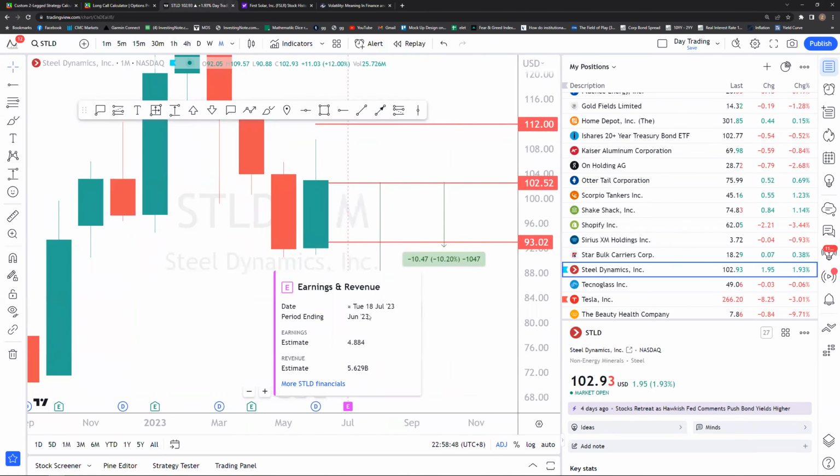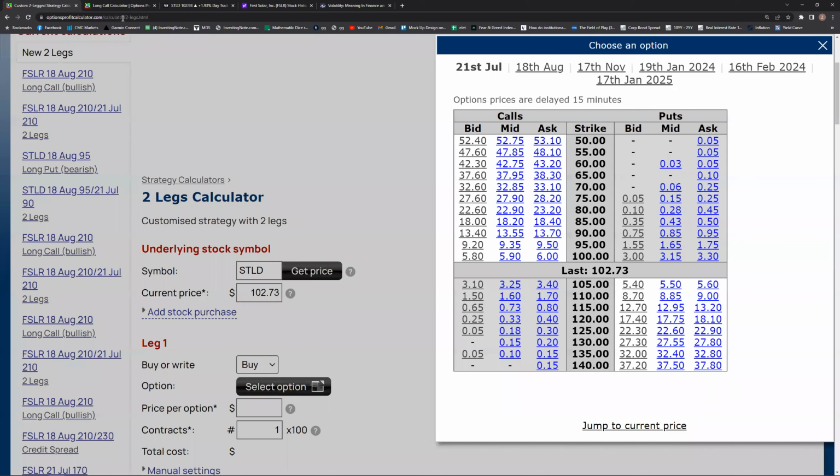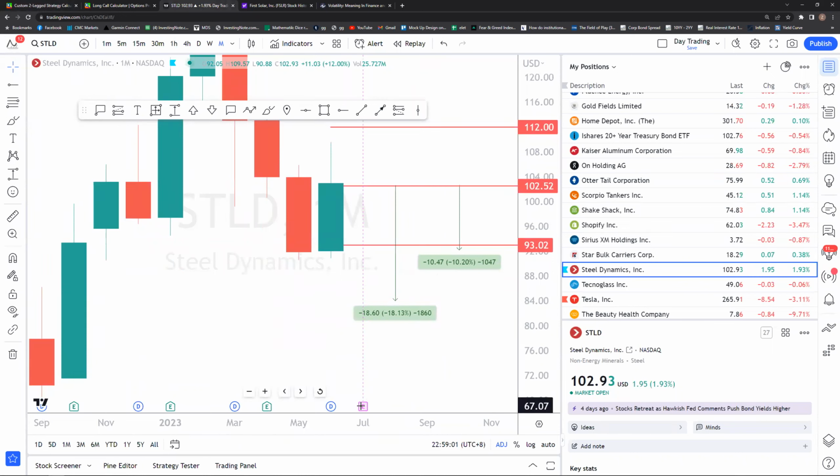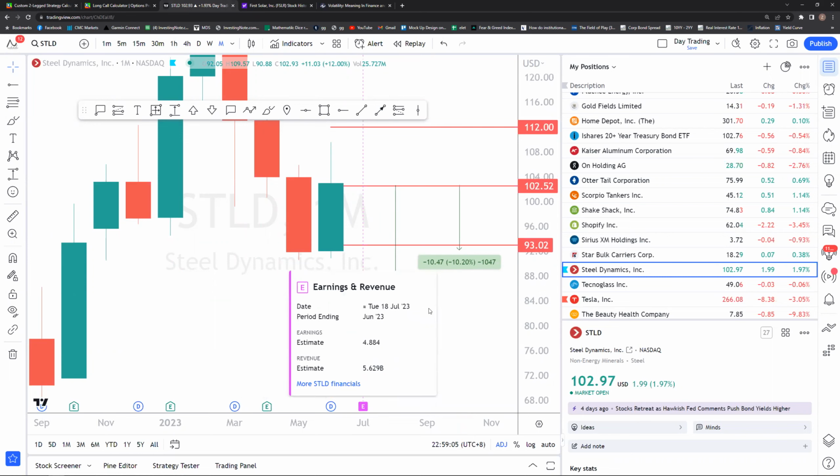Okay, and the July earnings is coming out on the 18th lah. In this case, since the July expiration is the 21st, your sell side will actually run into this earnings.